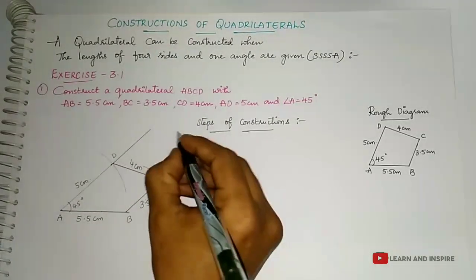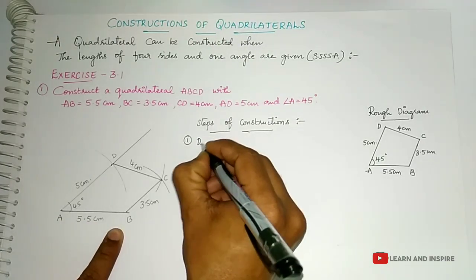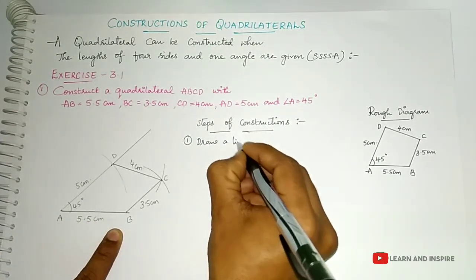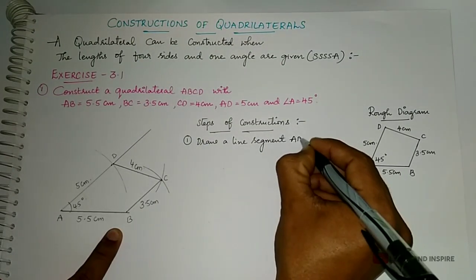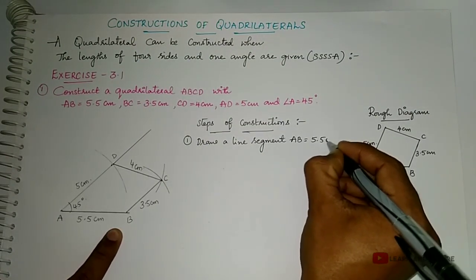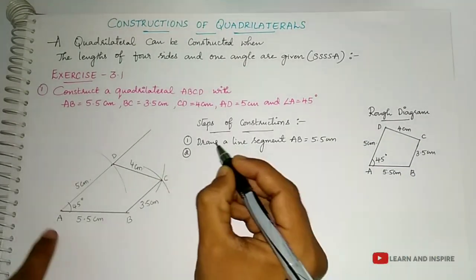So steps of construction. So we write the first step. What is the first step? Draw a line segment AB equal to 5.5 centimeters. Okay. Step 2.